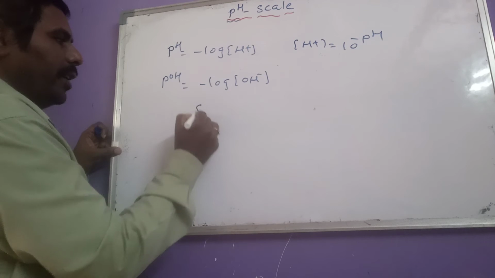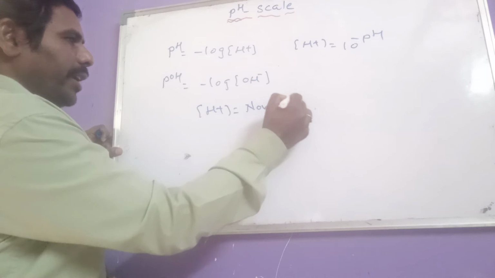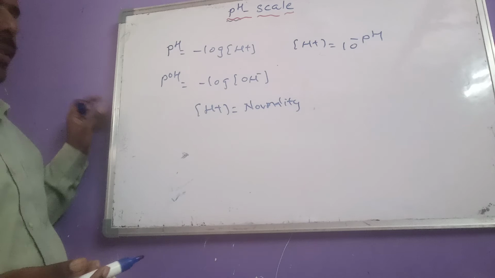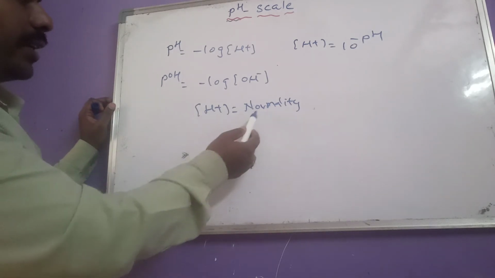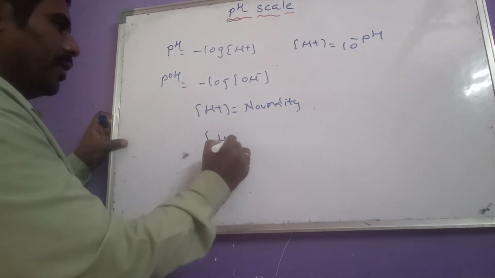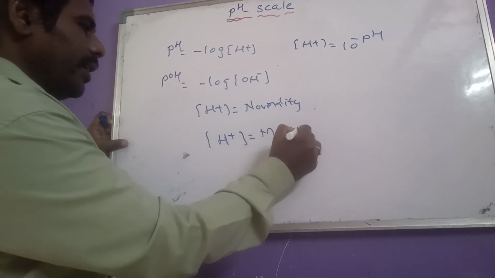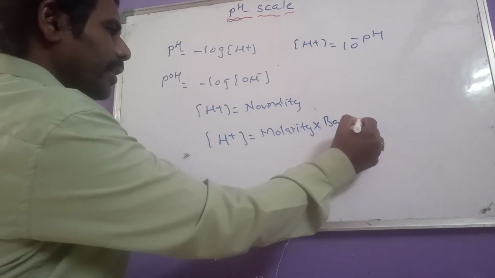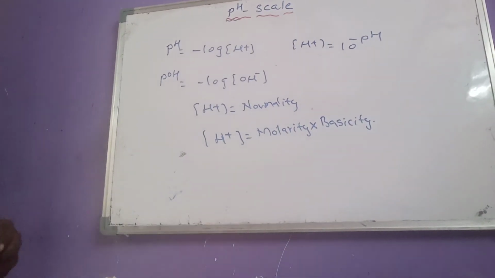Now let us know what the H plus concentration is. We can take H plus concentration as directly equal to normality. That means whatever normality is given for the acid is directly equal to the H plus ion concentration. Suppose the acid concentration is given in molarity, then we have to multiply the given molarity with the basicity of the acid to get the H plus ion concentration.